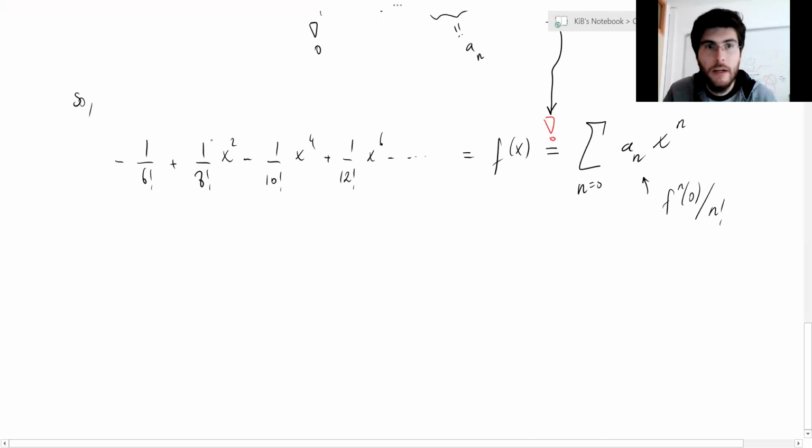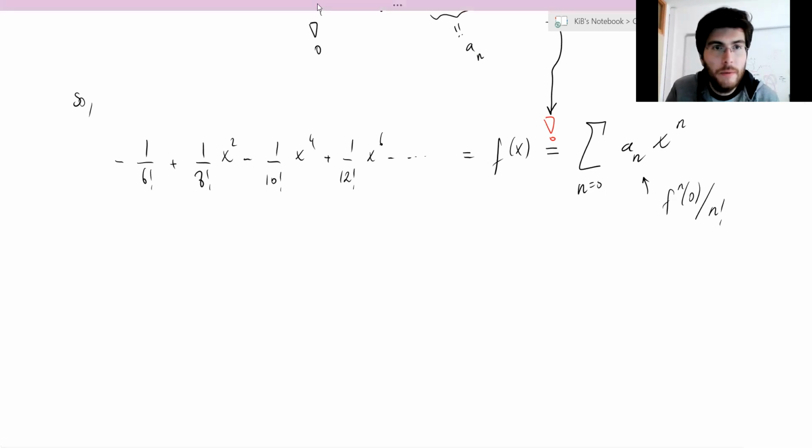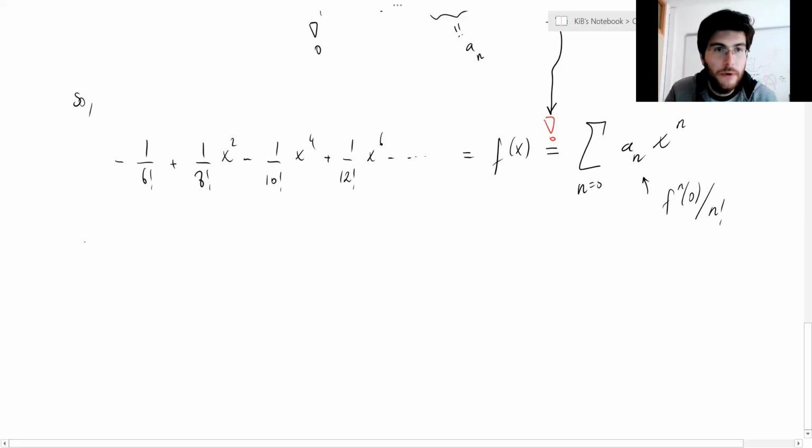And then what we want, remember, we look for f to the 4 evaluated at 0. But this is from the right-hand side.